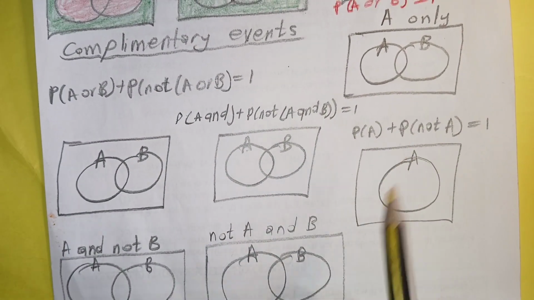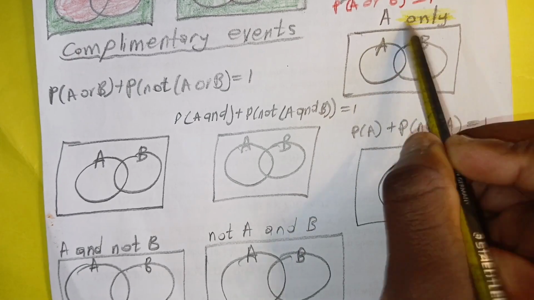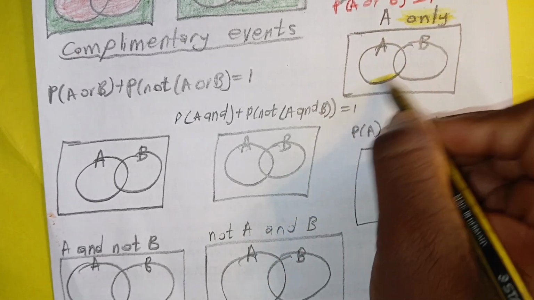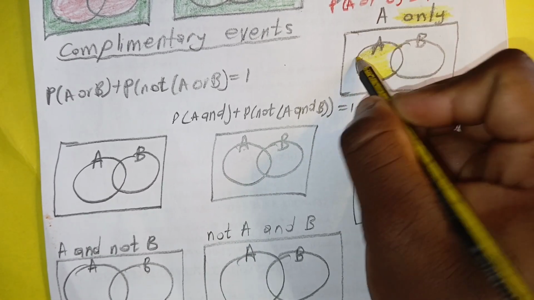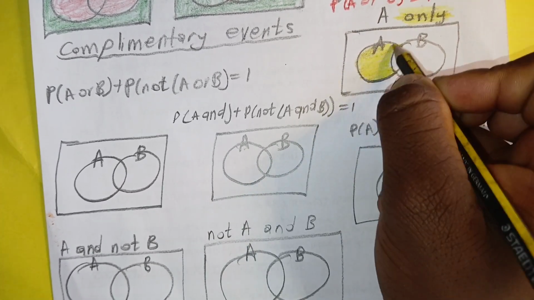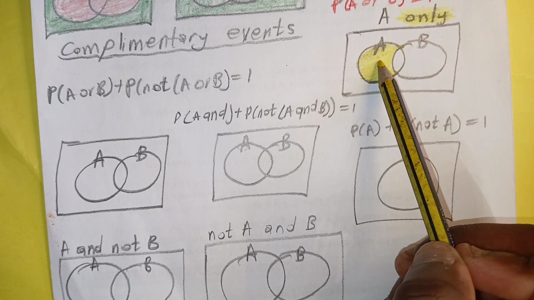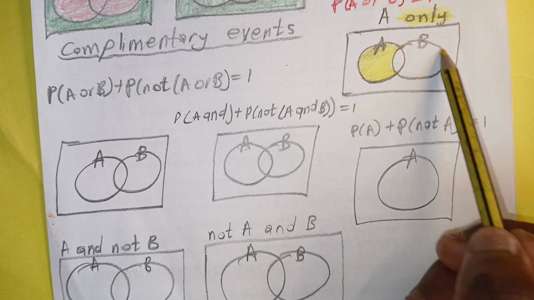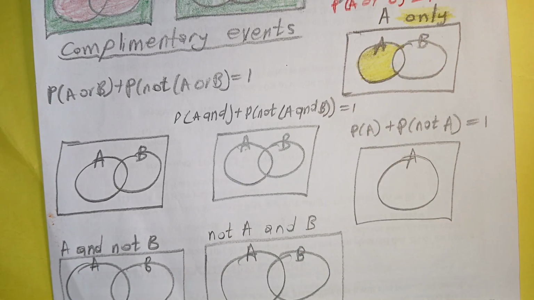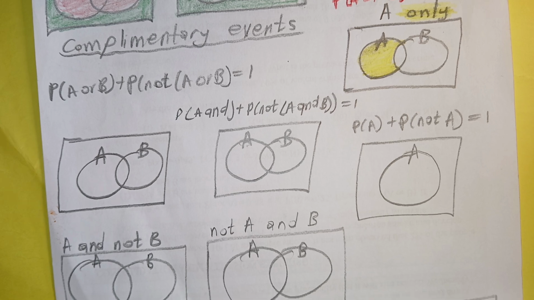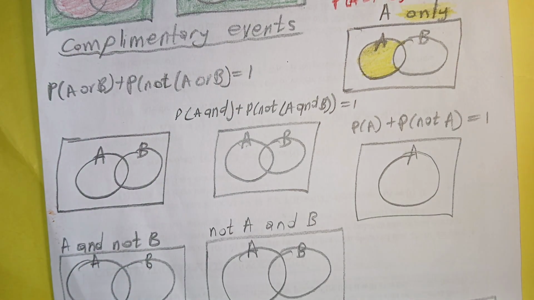The moment you see only, when they say A only, they talk about A, they don't involve B. They only refer to A. When they say A only, it means we don't include B.